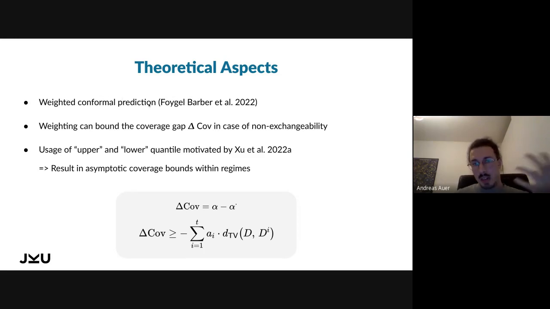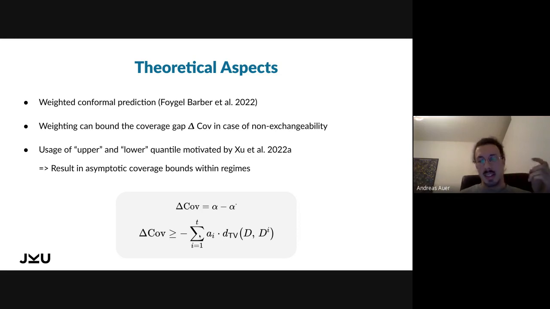And what they show in this paper is that even if you have non-exchangeability, and again, I don't want to go into too much detail here, you can set weights for the individual points, right? And basically if you set them low, then this permutation would have a high total variation distance, which would indicate they are not exchangeable in that sense.